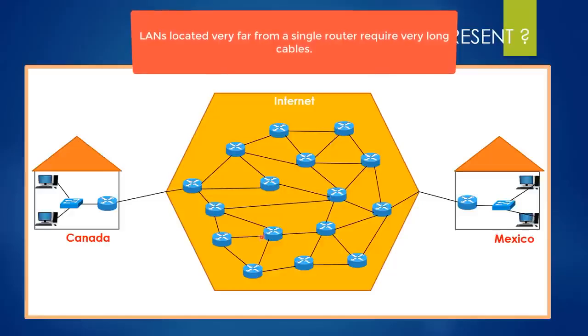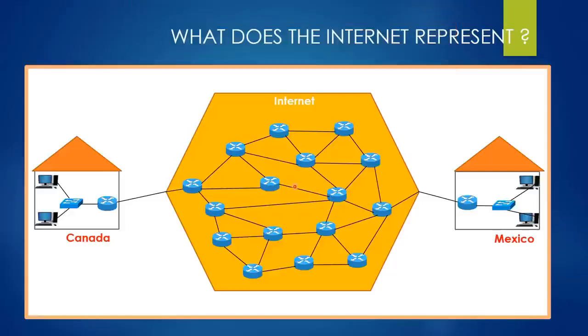But as you can see in this structure, the cables don't have to be that long, and this is an important advantage. Actually, of course, we can need long cables in this structure too, but not as much as in the other structure. After all, in this structure, there can be many kilometers between two routers.